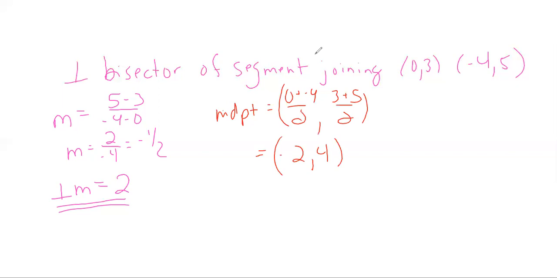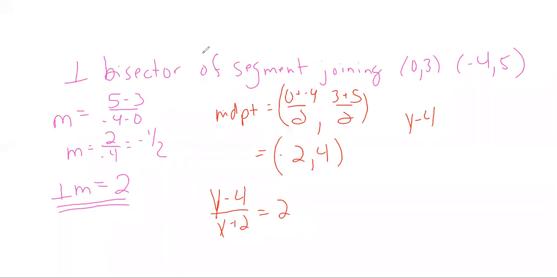So now I know this thing is, use the point slope formula, (y minus 4) over (x plus 2) is equal to 2. I multiply x plus 2 to both sides, I'm going to get y minus 4 is equal to, back to the pen. There we go.